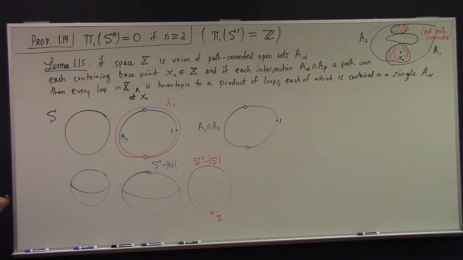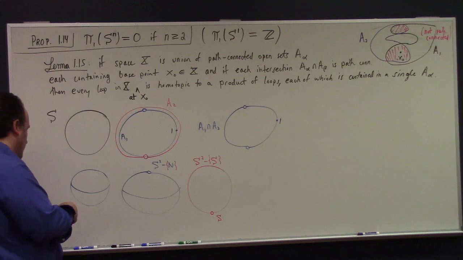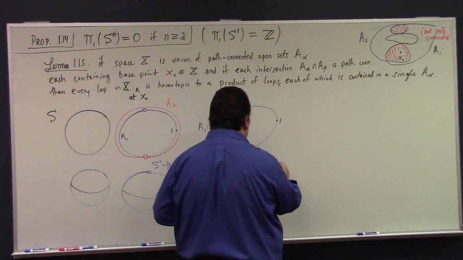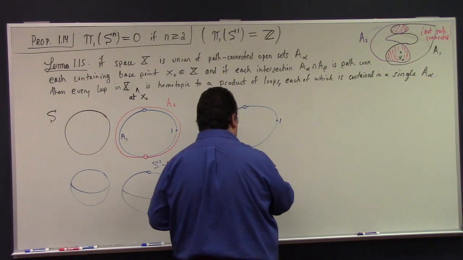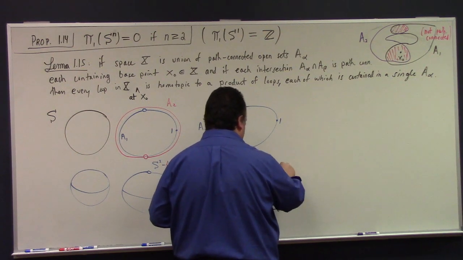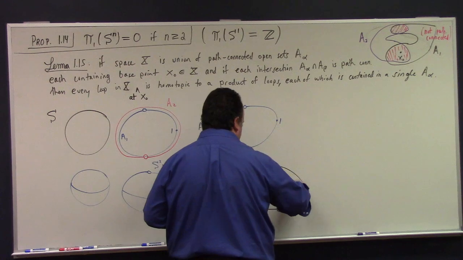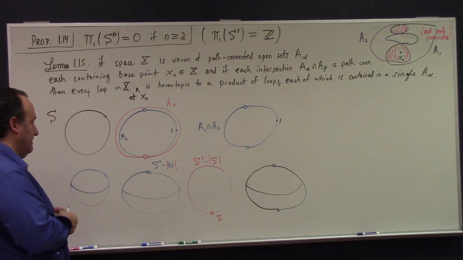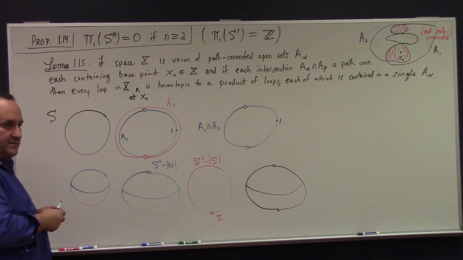Then when we intersect those two, we get everything except for the North and South Poles. But now, good news. It's path connected.